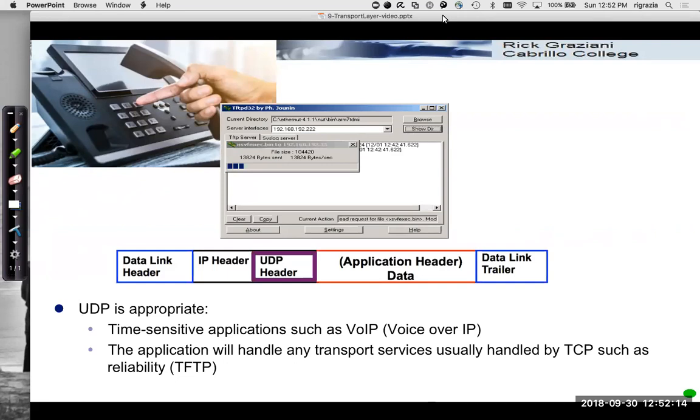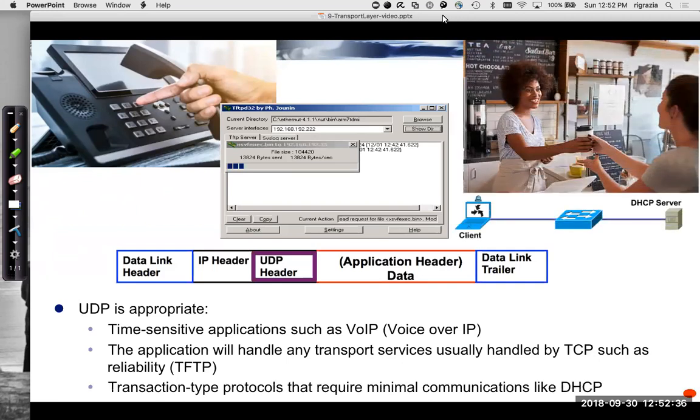And as far as all the data getting there reliably, UDP doesn't care. The application, TFTP, actually handles that. And if there are any problems, we'll let the user know that the data has to be resent, usually the entire file.